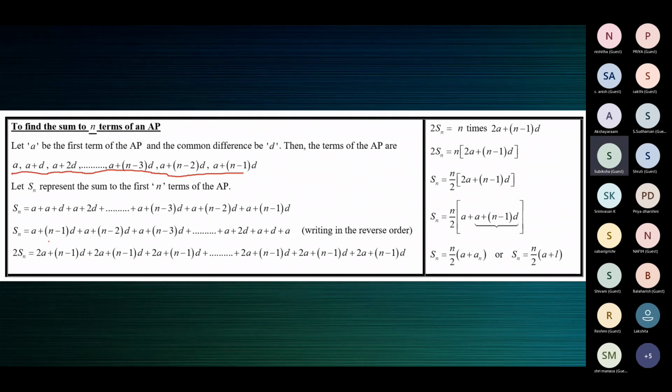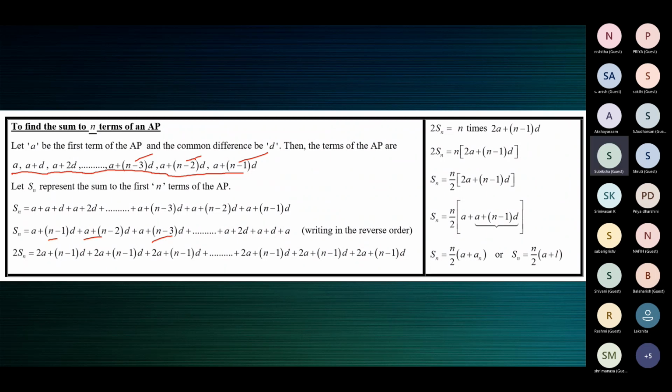You can see the nth term here, the previous term here, the previous term here. I'm not calling them the (n minus 1)th term and so on, because it might be confusing now.